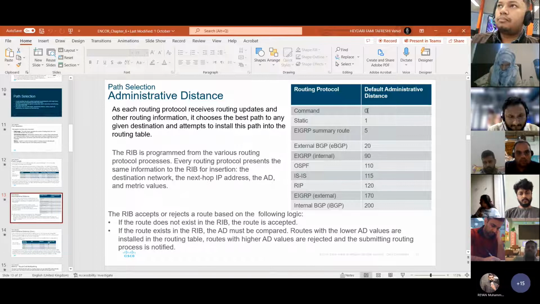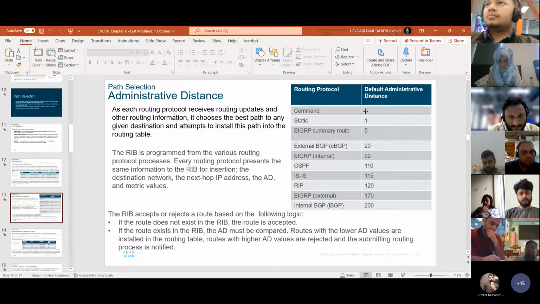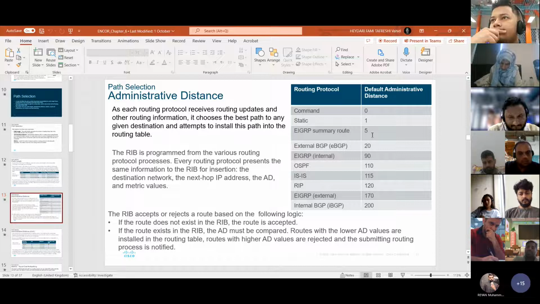We don't really need to route or forward that packet because it is directly connected to us. That's why the lowest value for administrative distance is for directly connected subnets. If I know a subnet through a static route, then the AD is 1. EIGRP summary route, the AD is 5, EBGP 20, EIGRP internal 90, OSPF 110, RIP 120, EIGRP external 170, and internal BGP or IBGP 200.